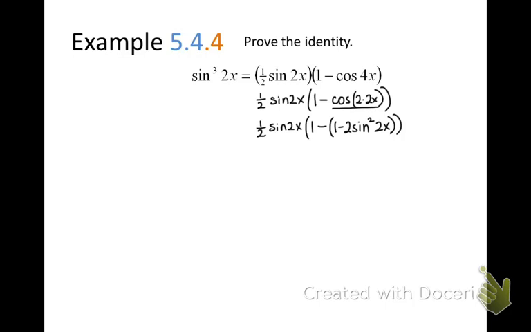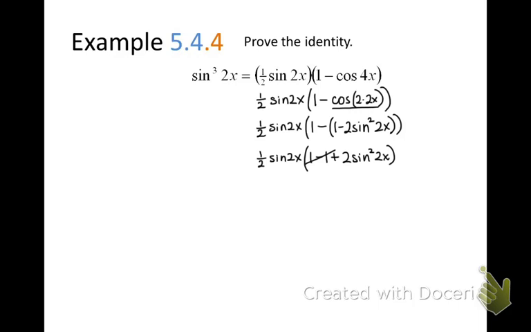All right. So I have 1/2 of the sine of 2x times, when I distribute that negative through, I get 1 minus 1 plus 2 sine squared of 2x. What happens? The 1's are going to cancel.